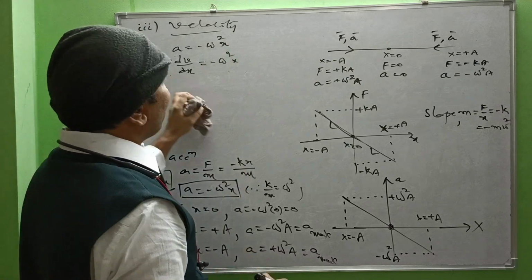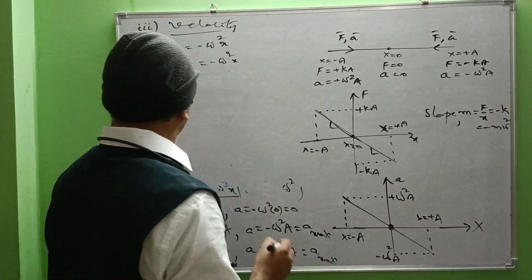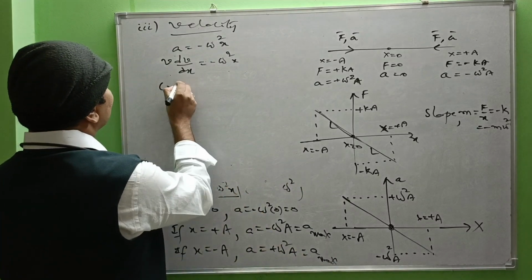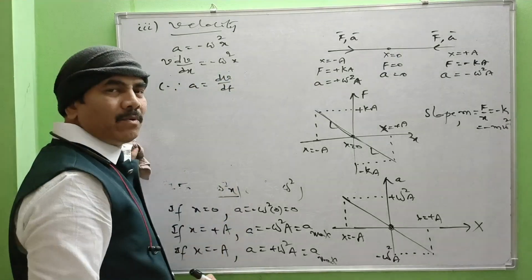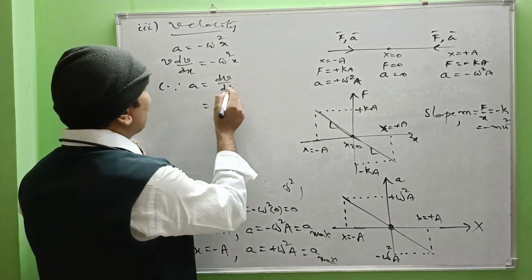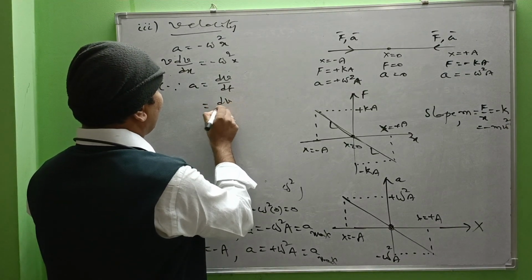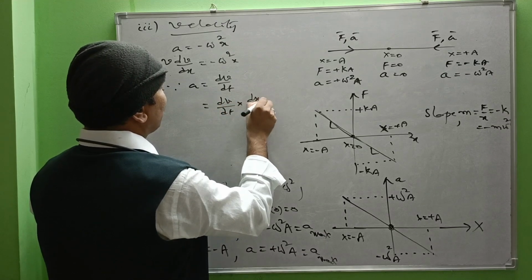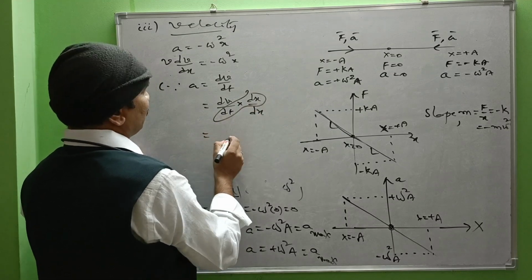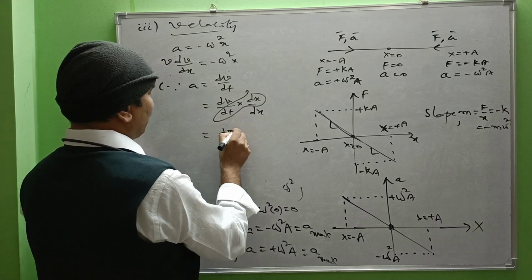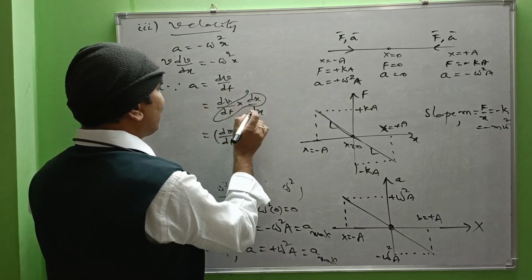Why is it v into dv by dx? Since acceleration equals dv by dt, it is multiplied and divided by dx, that is dv by dt into dx by dx. Now dx by dt is grouped with dv by dx.